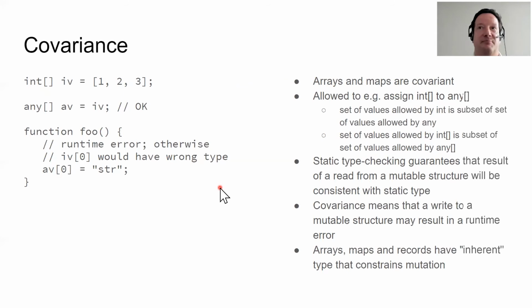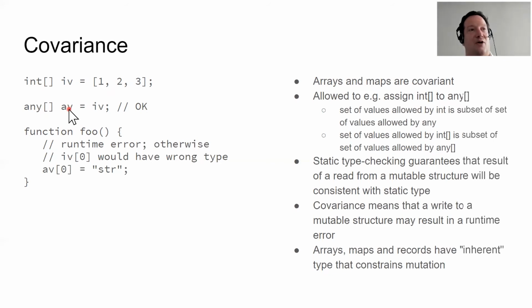So let me talk a little bit about covariance. This means that if I have an array of ints, I can assign it to an array of any's. And if you think about this from a sets of values point of view, this makes sense.